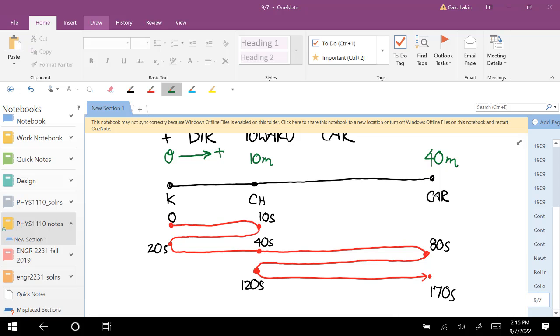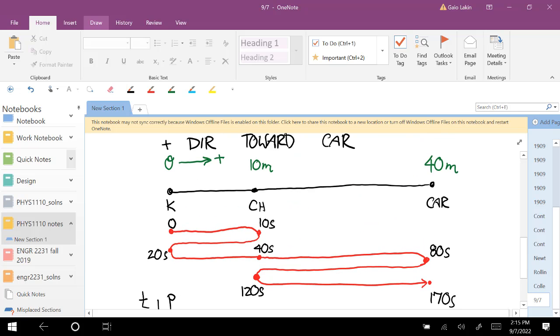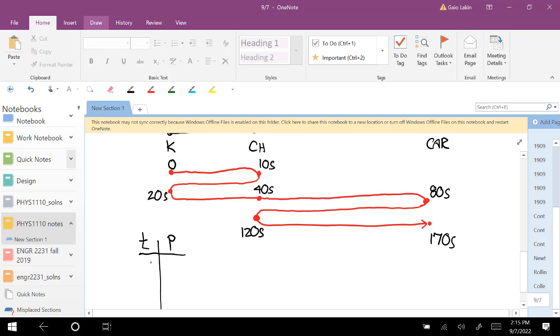And so now to graph this out, we can write out a little table of the times and the corresponding positions. What we really want to do is, in this table, put down the positions and times at each one of those dots. So at the first instant, we're at 0 time and 0 position.